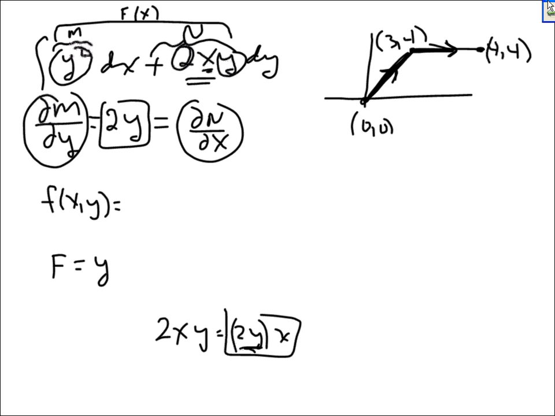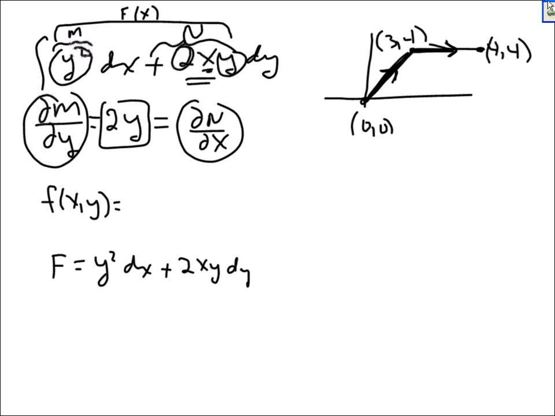F is y squared dx plus 2xy dy. Like I said, F is y squared i plus 2xy j. So then this here must be little fx, and this must be little fy.